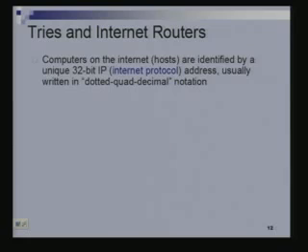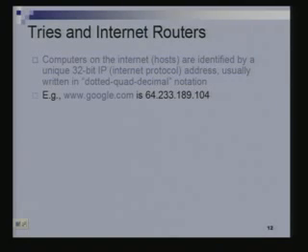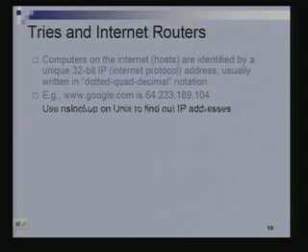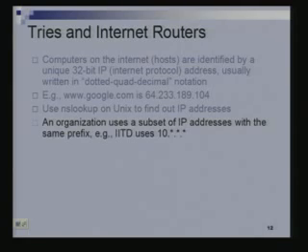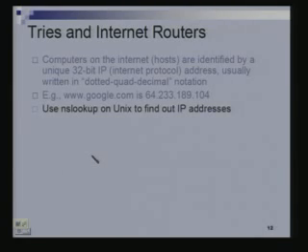Okay. Now you are all perhaps familiar that each node, each computer on an internet has an internet address, an IP address in internet protocol. It's a 32-bit number, right? And it's written in this kind of a notation. So google.com, I just checked, is something like this, right? You can use a utility called NSLOOKUP in Unix to find out the IP address of any node that you want to.